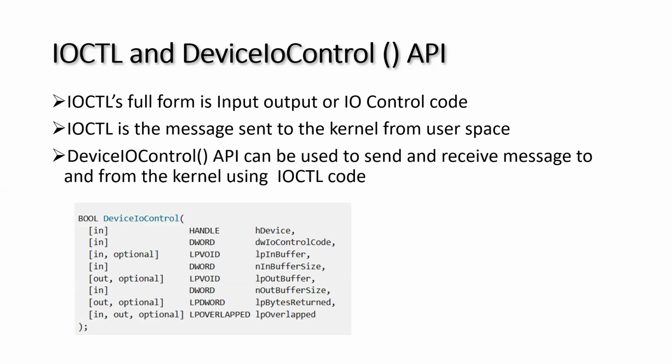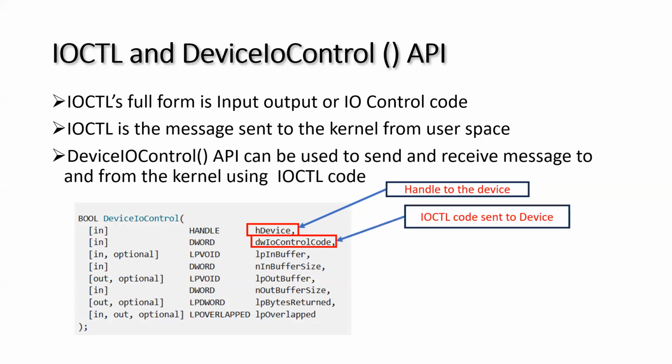For more details, you can refer to MSDN. The first parameter is the handle to the device, which is returned from the CreateFile API. The next parameter is the IO control code, which is the IOCTL code that can be sent to the device.